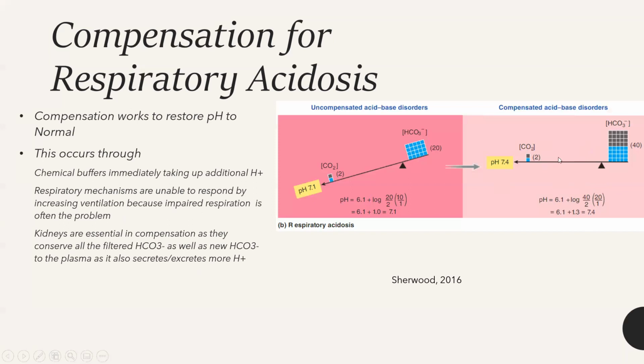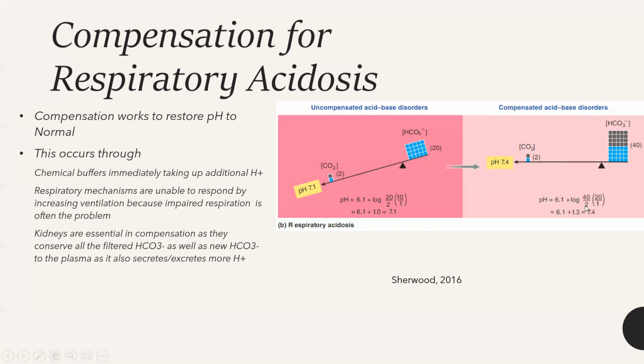And this is by means of fixing the ratio from 20-2, 20 being our bicarbonate, 2 being our carbon dioxide, by doubling our bicarbonate to 40, so that the ratio, as you can see here visually, evens out.